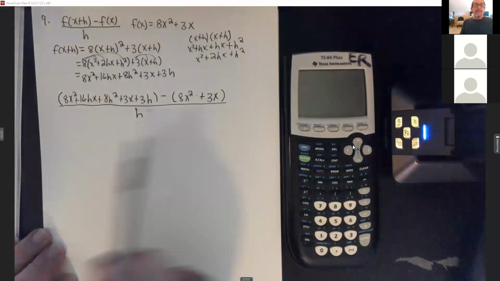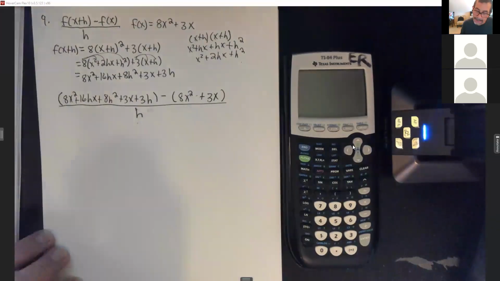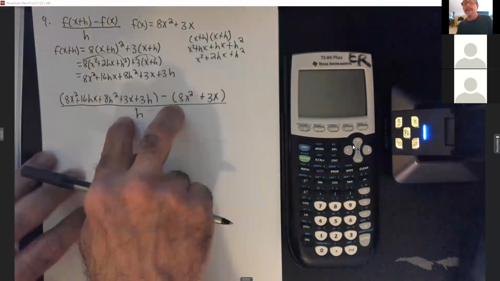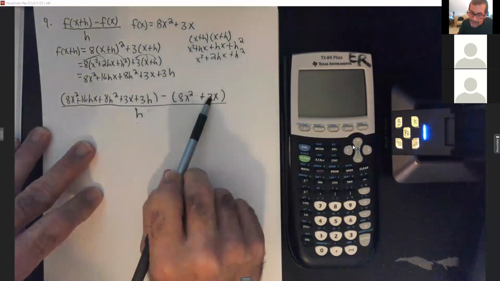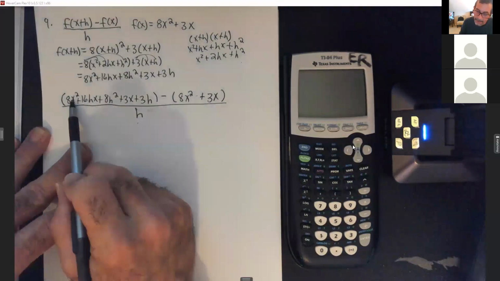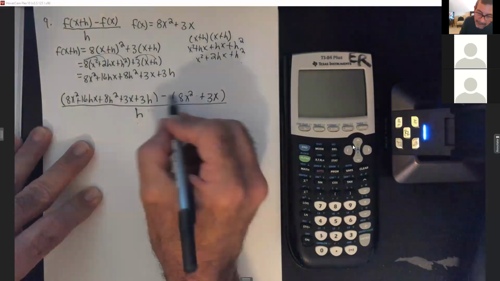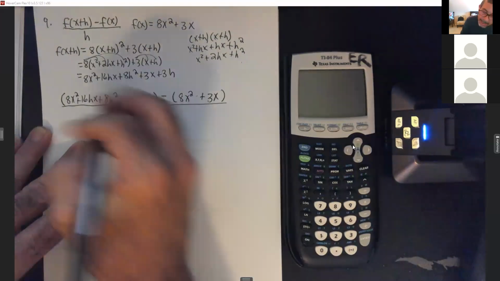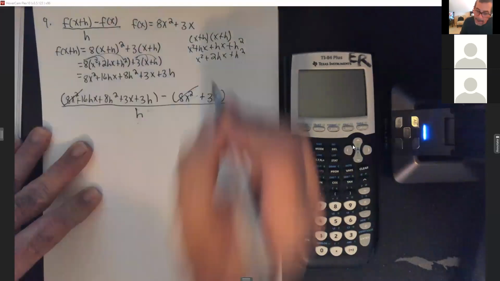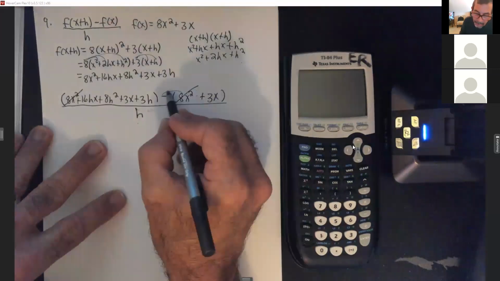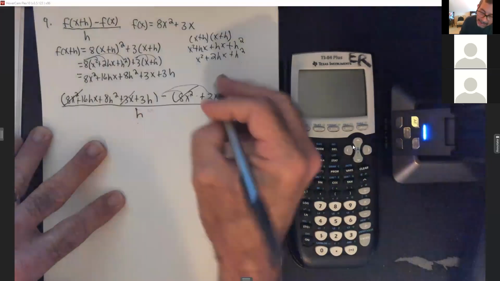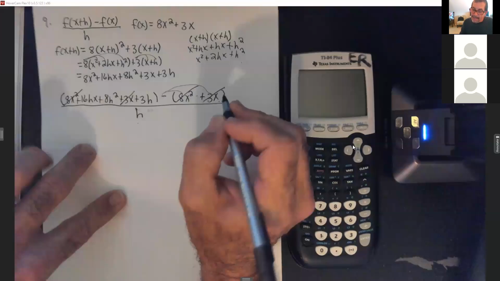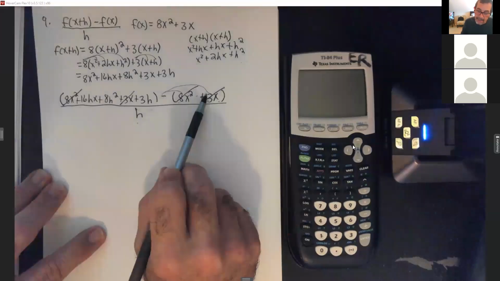All right, so I will say if you're doing business calculus, you will have fun with this formula in that class, okay? All right, so all this f of x stuff, since it don't have h's, is going to cancel with something over here. So this negative 8x squared is going to cancel with that positive 8x squared. And then this negative 3x is going to cancel with this positive 3x. So everything in the second parenthesis always cancels in the first.